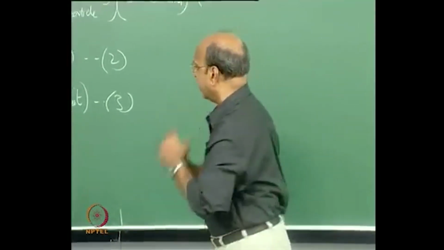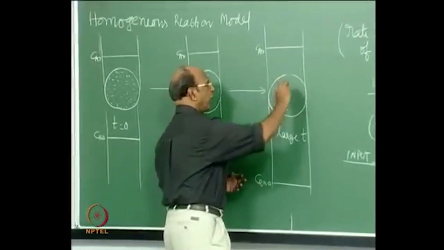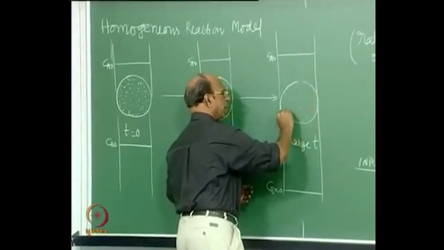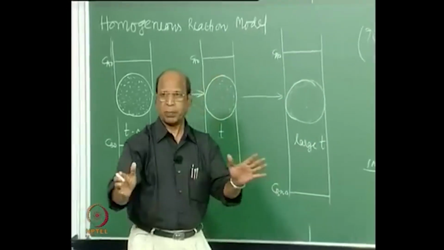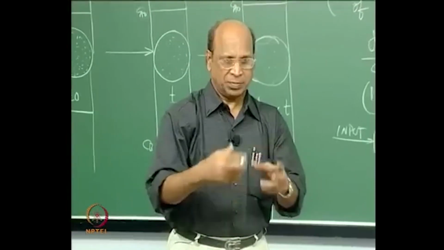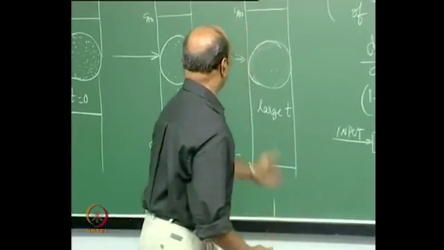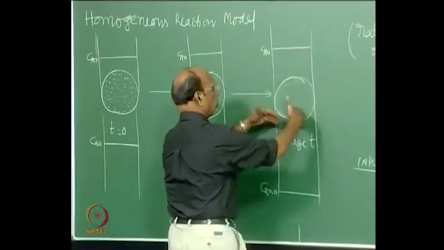So if this is the particle and the reaction is very fast, only this outer layer will be completed, that will become CaSO4, and because the molar volume is large, all the pores are blocked. So SO2 or O2 cannot diffuse inside.